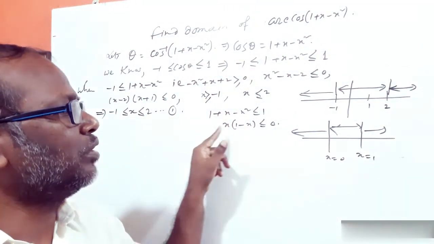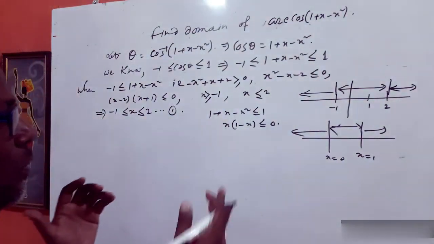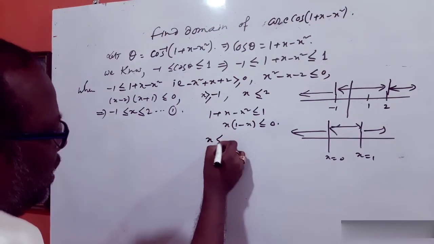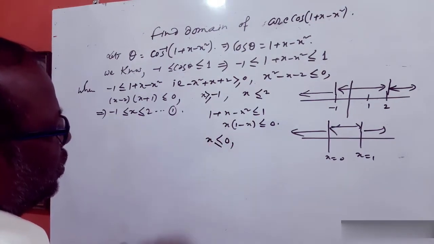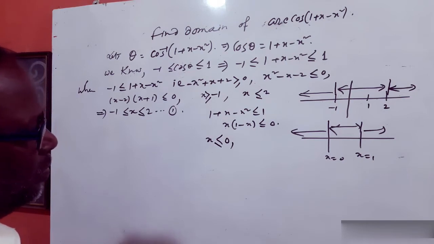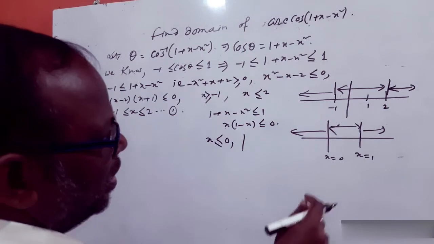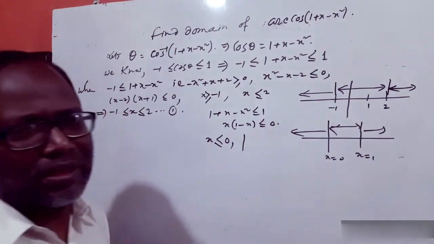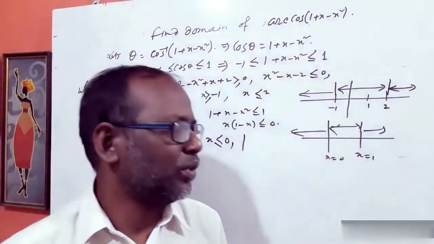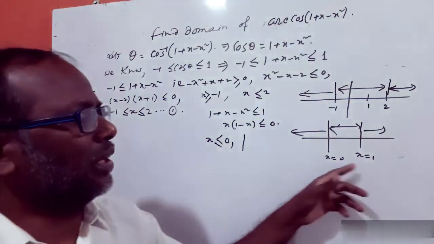Negative into positive is satisfied. So the condition is x less than or equal to 0 as part of the domain. As this satisfies less than 0, we don't need to take the interval 0 to 1.